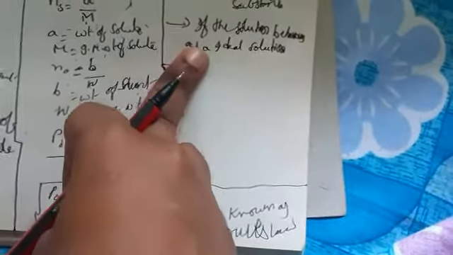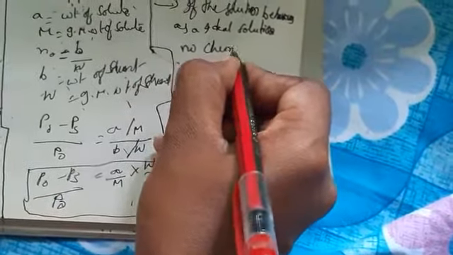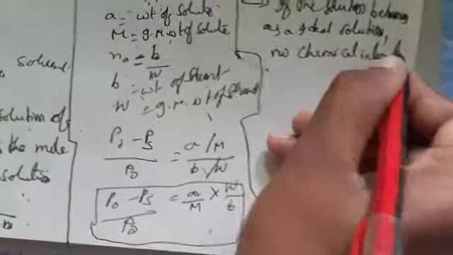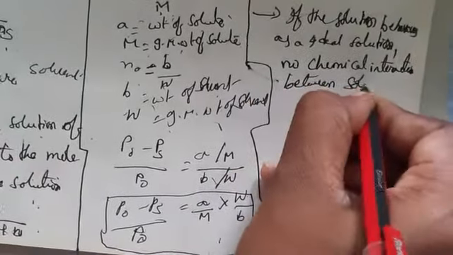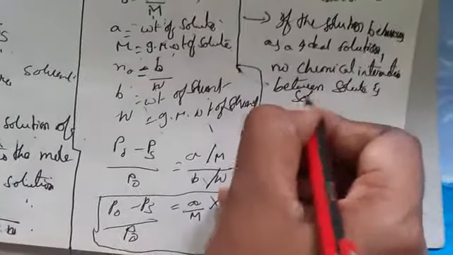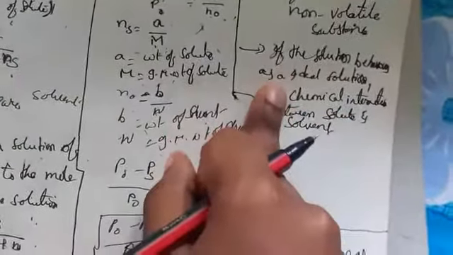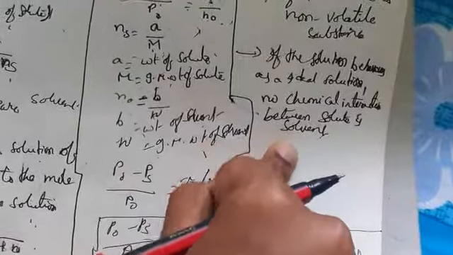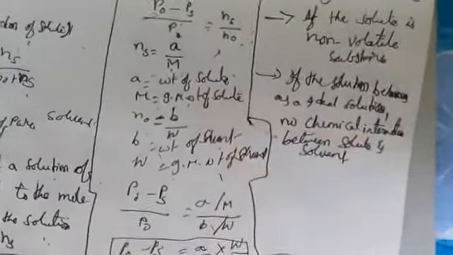So there will be no chemical interaction between solute and solvent. If the solution behaves as an ideal solution, whenever you mix solute and solvent, there will be no interaction between solute and solvent molecules. This is also one of the limitations of Raoult's law.